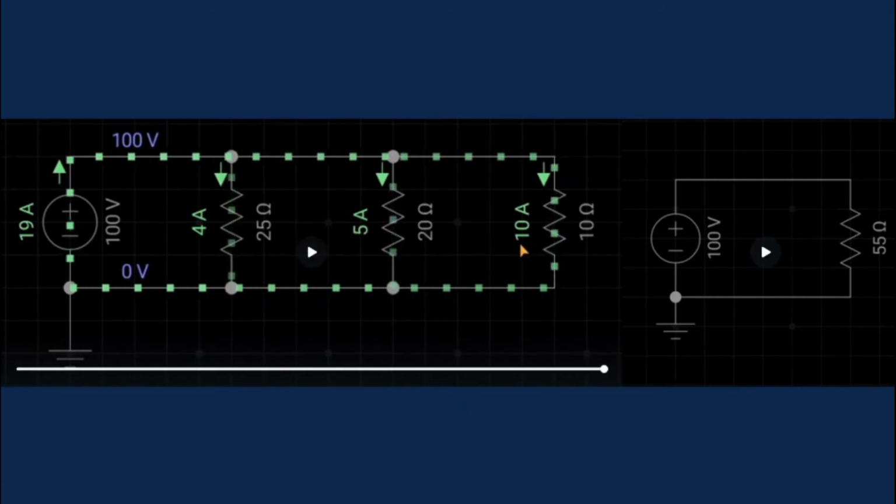The last time, we have actually discussed how to solve the total resistance, the 25 ohms, 20 ohms, and 10 ohms. We found out that this is the way to solve the total resistance for this one.